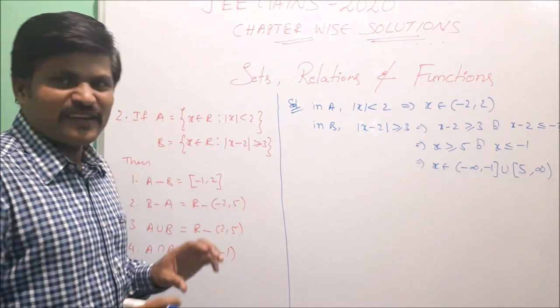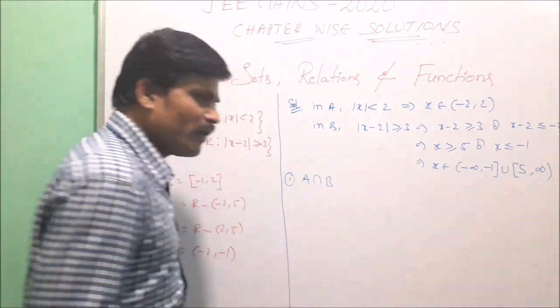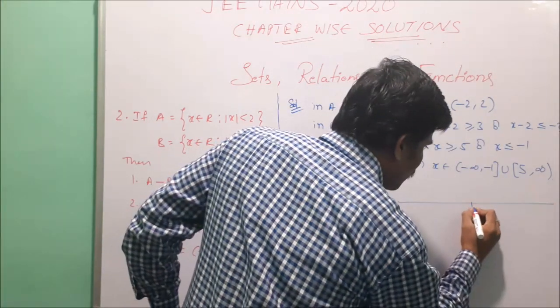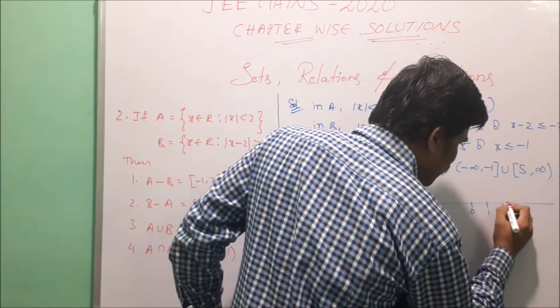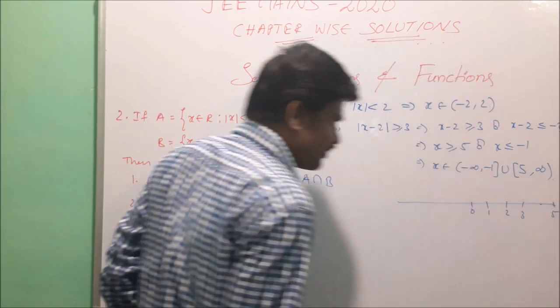First we find A intersection B. Now we take one number line. First we take the number 0, on the right side values plus 1, plus 2, plus 3 and so on. We take 5 also.